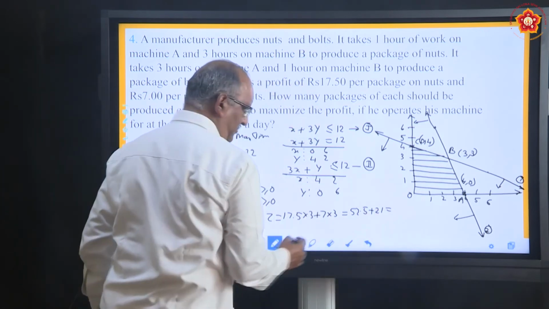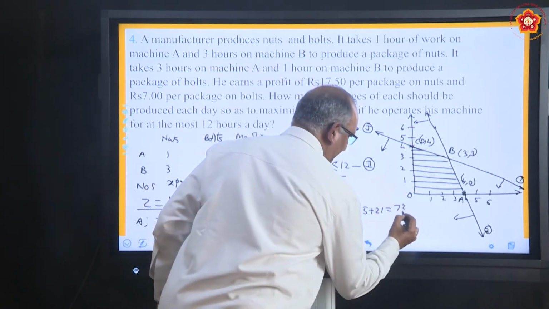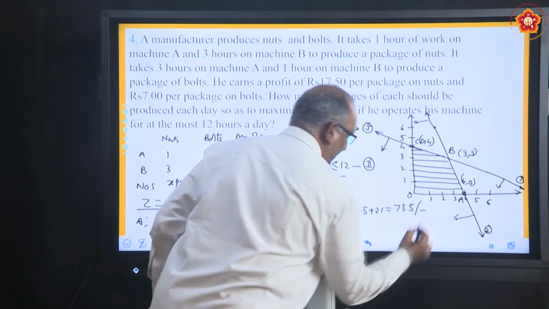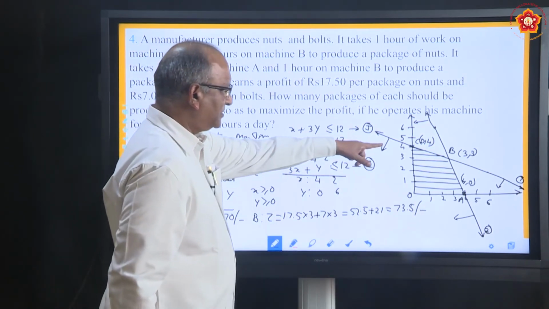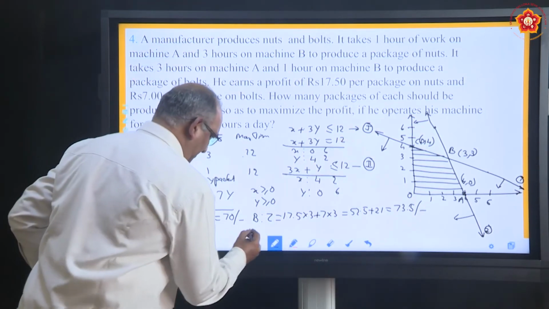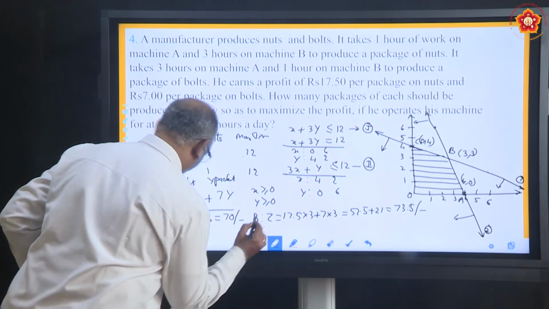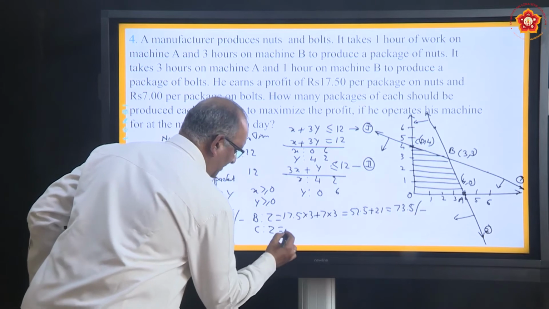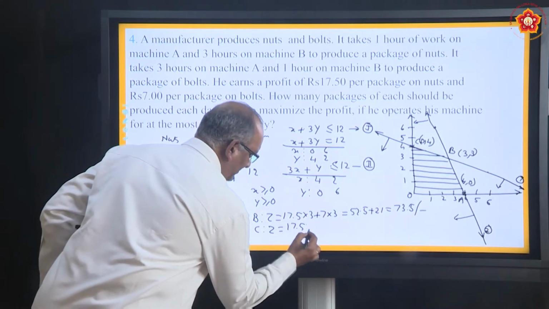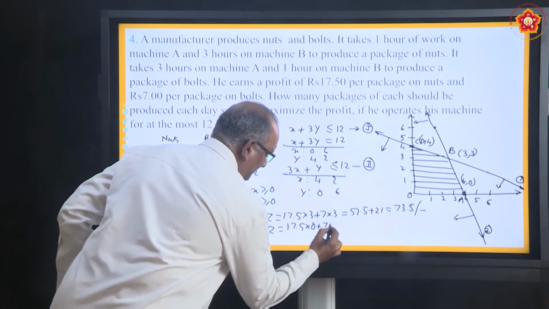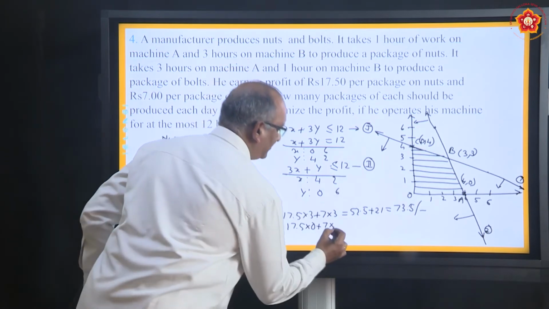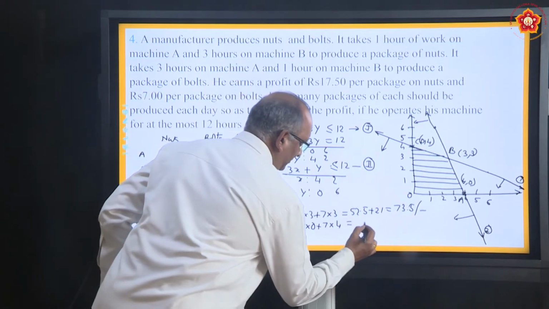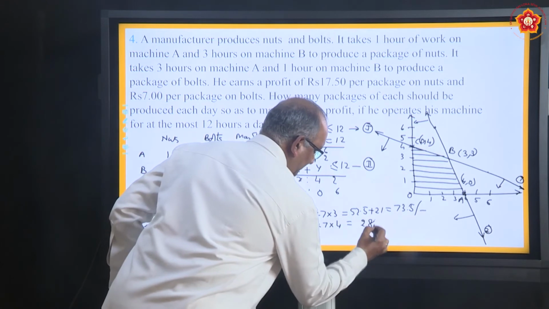How much will it give you? 73.5 rupees. Finally, substitute C. If you substitute C, what will you get? You will get Z equal to 17.5 into 0 plus 7 into 4, equal to 28 rupees.